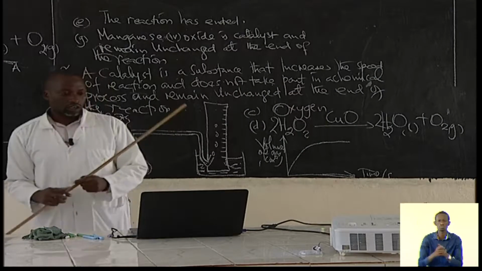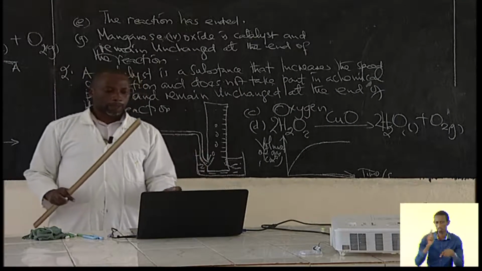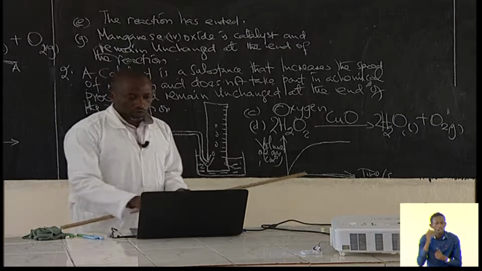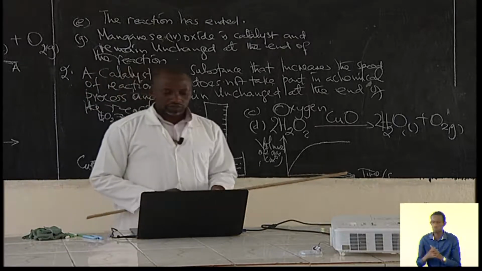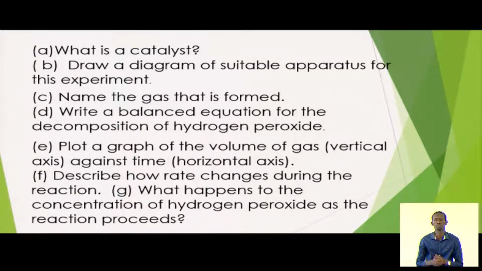Describe how the rate during the reaction can be increased. I think that is what was supposed to be asked. How can you increase the rate of the reaction here? So you were using a catalyst, which else?